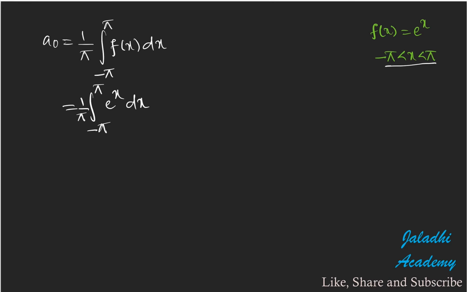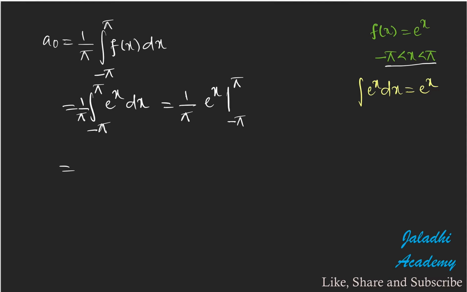We know that the integration of e power x into dx is e power x itself, so integrating we get 1 by pi e power x, limits from minus pi to pi.